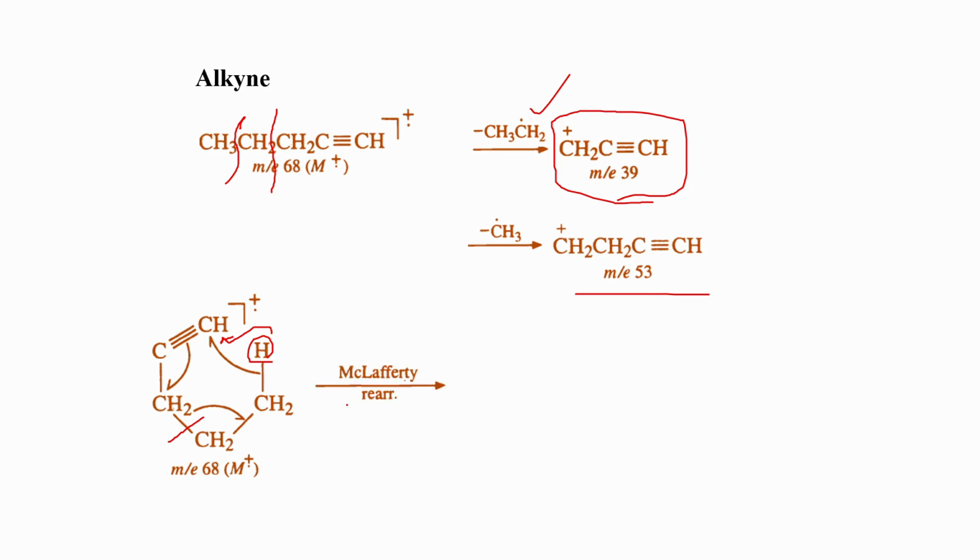Here, McLafferty rearrangement forms the radical cation, or McLafferty rearranged ion, with m/e value 40. The neutral molecule is ethylene as in the case of alkenes. Okay, it is the main fragmentation pattern of alkyne molecules.